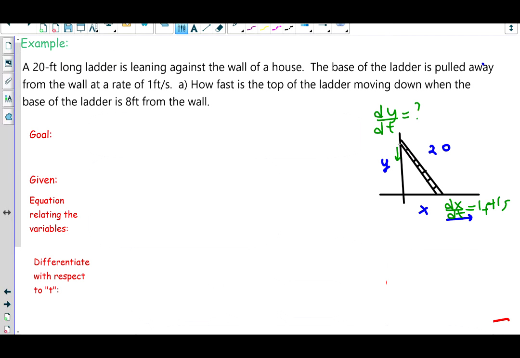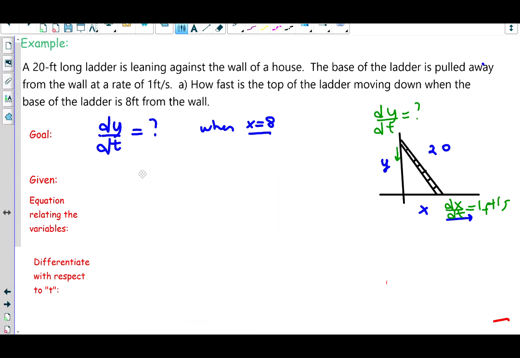And the length of the ladder is 20. That's a constant. And dx dt is 1. So that's the question pretty much. So find the goal, find dy dt. And that's at the moment when the base of the ladder is 8 feet from the wall. So at the moment when x is equal to 8.